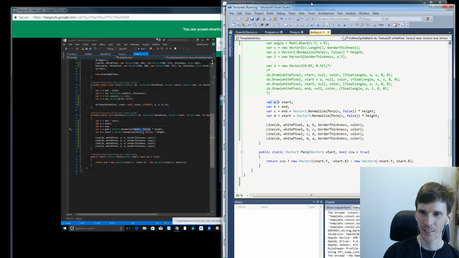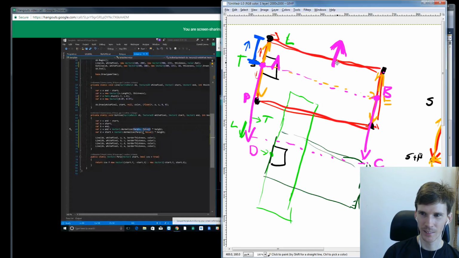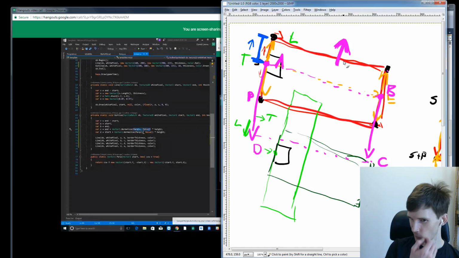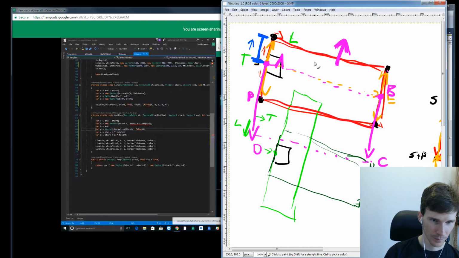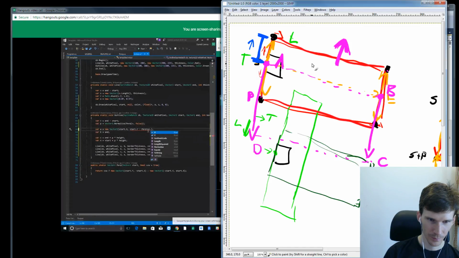Well, let me get back my crazy P value. Move it up. I don't know, I'm kind of lost now, but I was trying to basically slide A up by half of the length of that perpendicular.